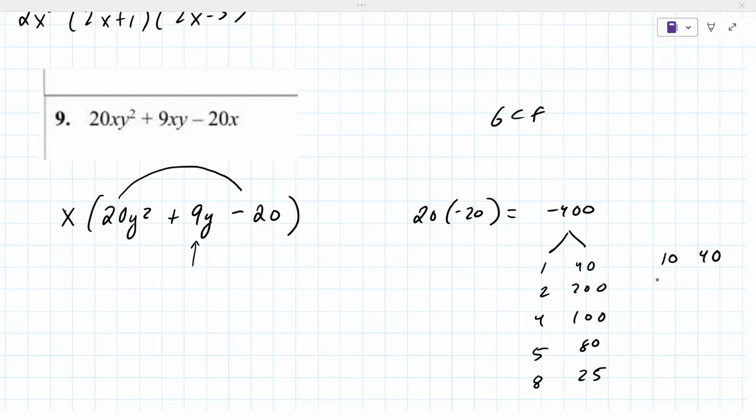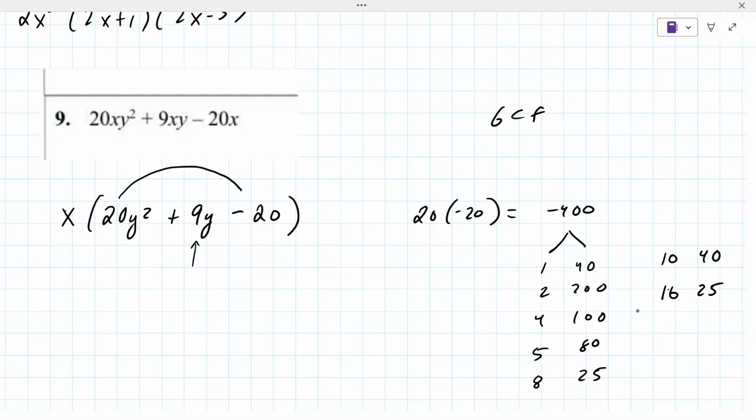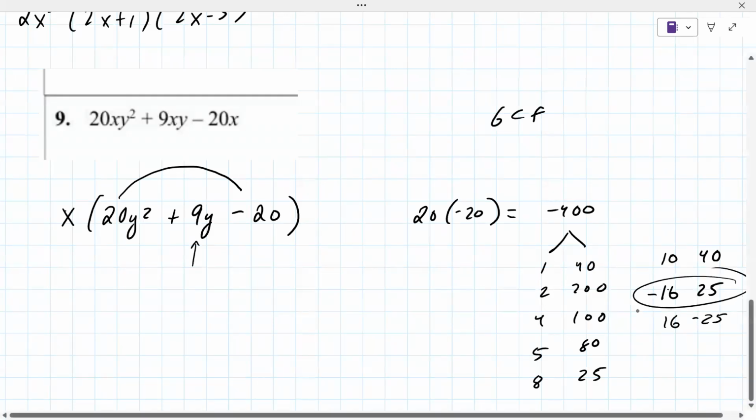Most of the time they were pretty easy. Right. You'll end up finding here that one has to be positive and one has to be negative. I wrote them all as positive. So the one that does work is which one here? 16 and negative 25, or negative 16 and 25? It ends up being the top one here.